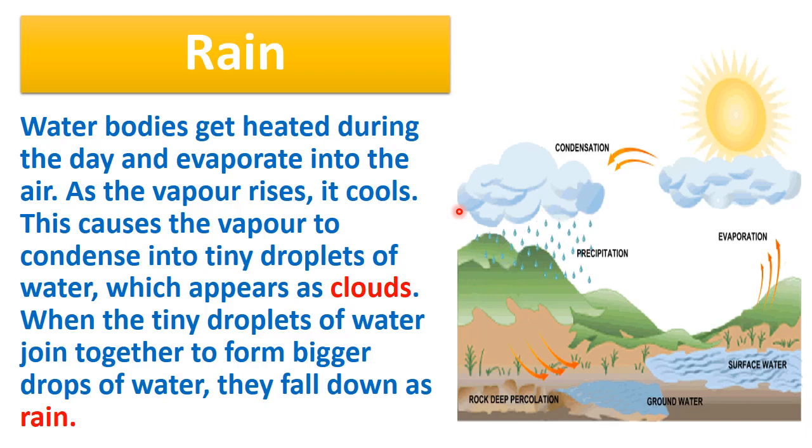These tiny droplets join together to form bigger drops of water, and when they do, they fall down as rain. So this is how rain occurs. Evaporation, condensation, then precipitation.